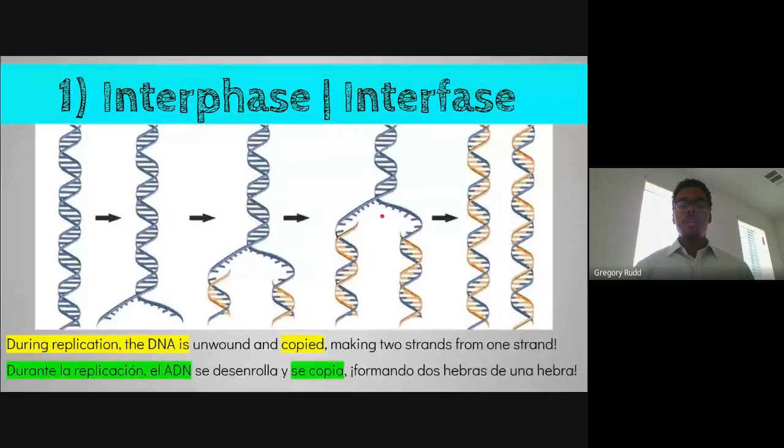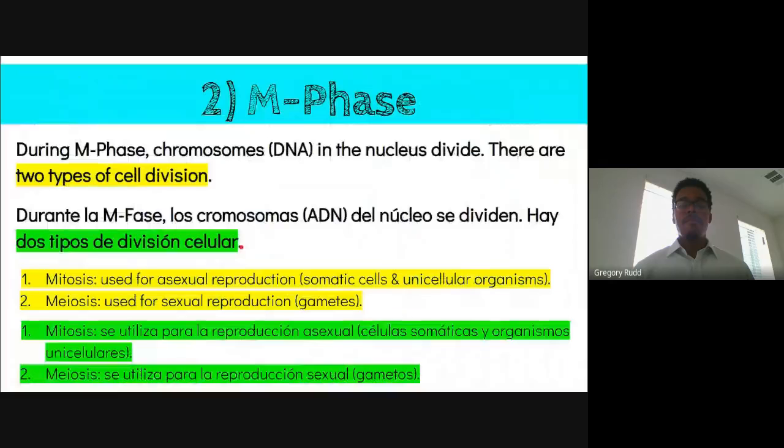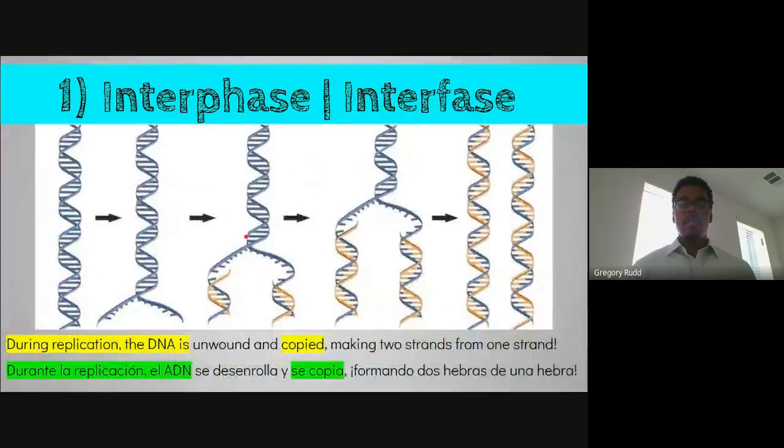And then eventually, as we continue to unzip the DNA further and further up, we continue to make a newer and newer copy of the DNA until eventually we're left with 2 new DNA.